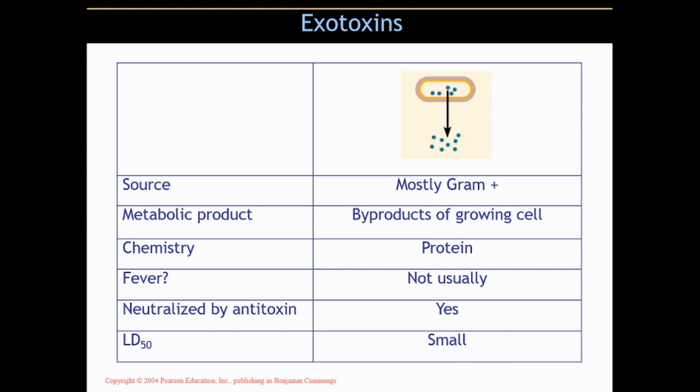They're proteins. Do they cause fever? Not usually, but sometimes can. Neutralized by an antitoxin? Yes, we produce antitoxins against them. And their LD50 is very small, in some cases an almost infinitesimally small amount to cause death in 50% of the population.